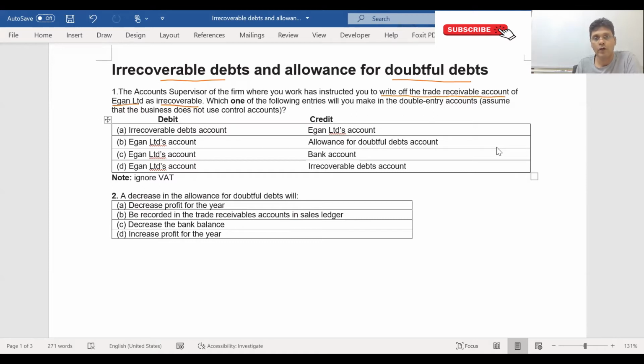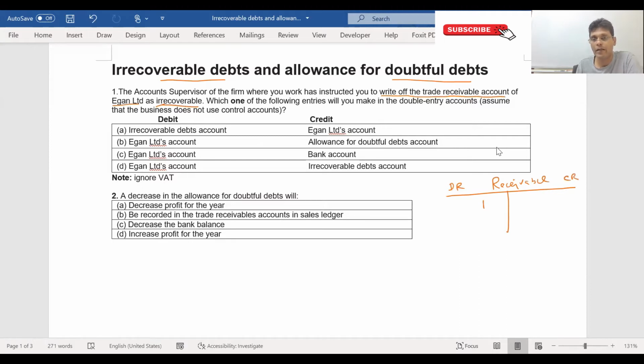Since you are going to write off these trade receivables as irrecoverable, it has to be removed from the accounts receivable account. That means you need to subtract the irrecoverable debt from your receivable balance. Usually your receivable account will be a debit balance.